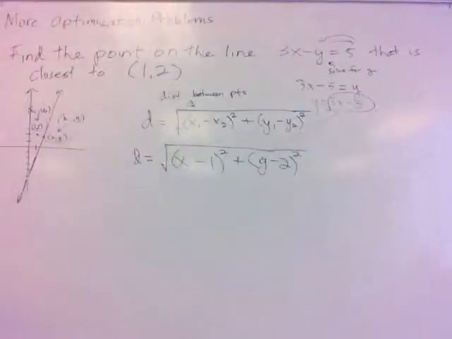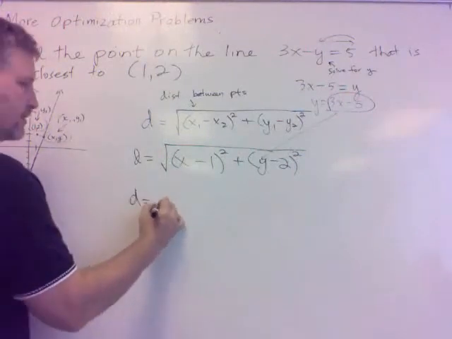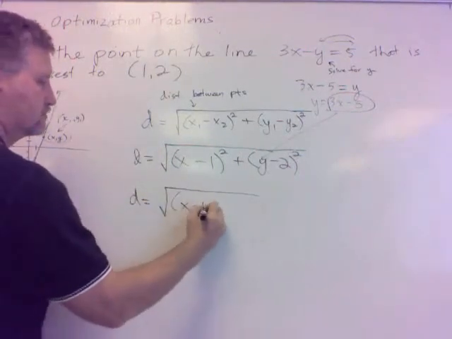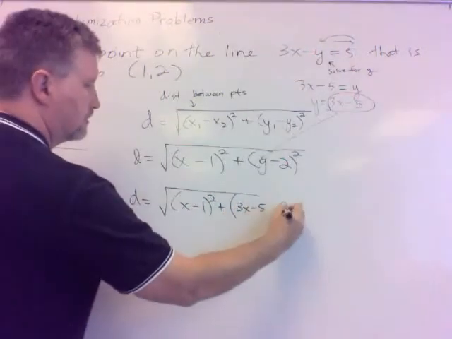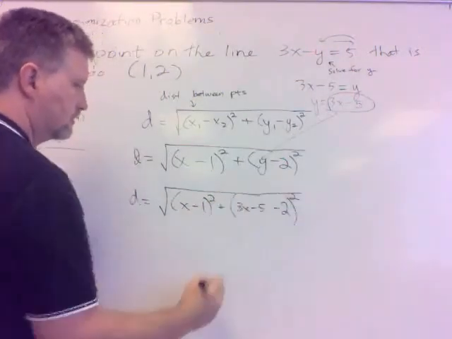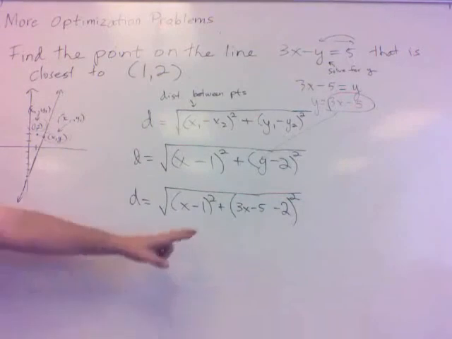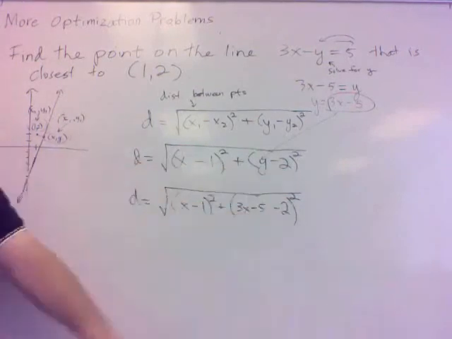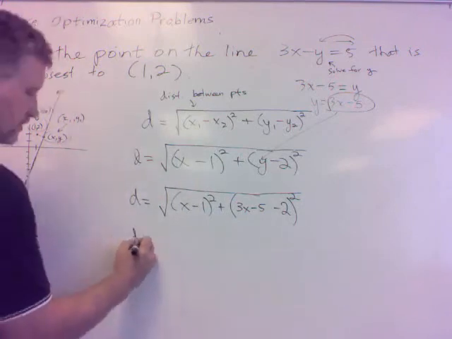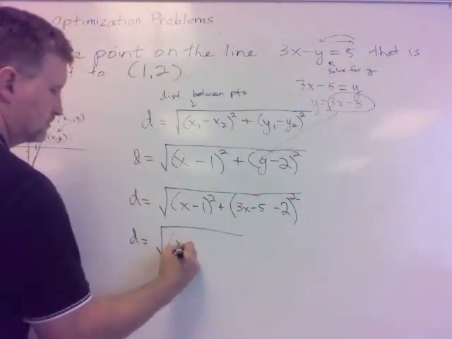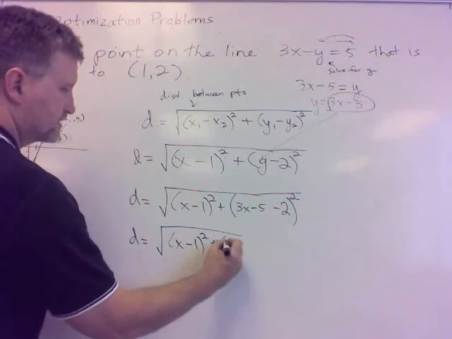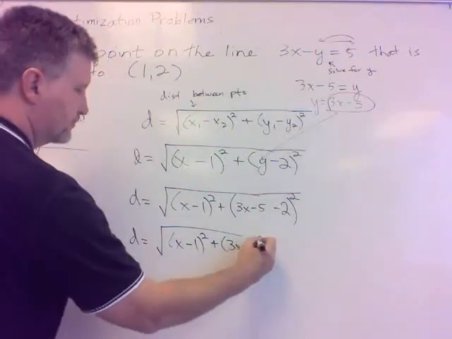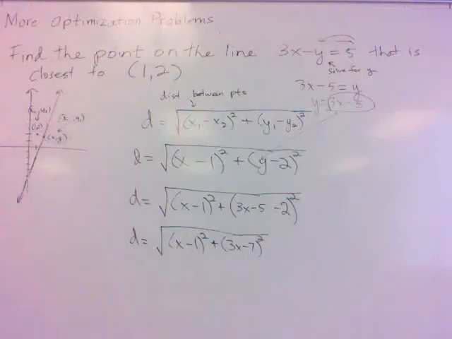Yeah, so just go ahead and plug that in for my y. So I have 3x minus 5. Don't forget the minus 2 comes with it there. So I'll end up with this: (x minus 1) squared plus (3x minus 7) squared. And I need to do the derivative.